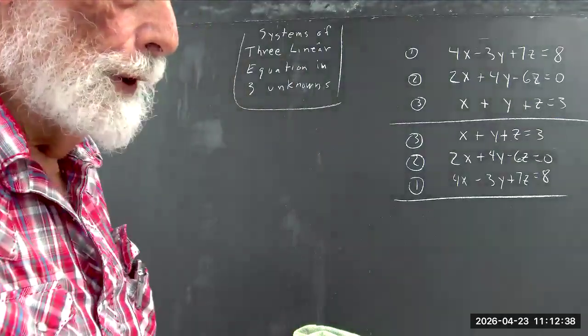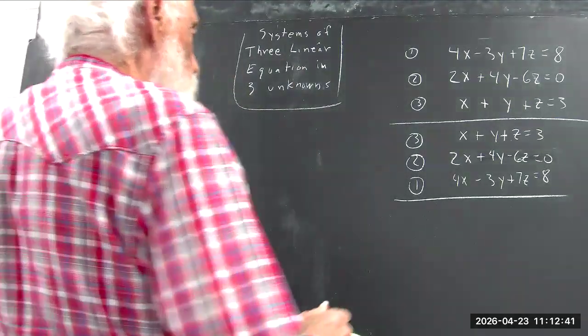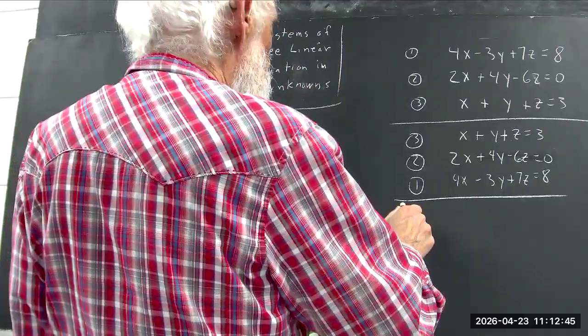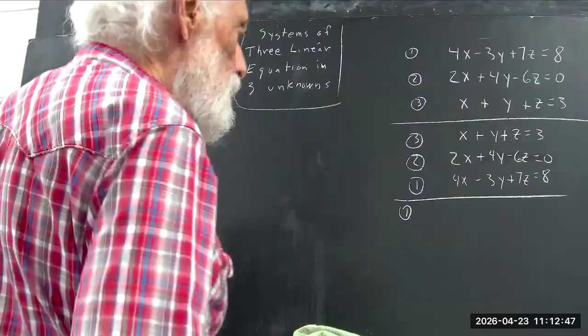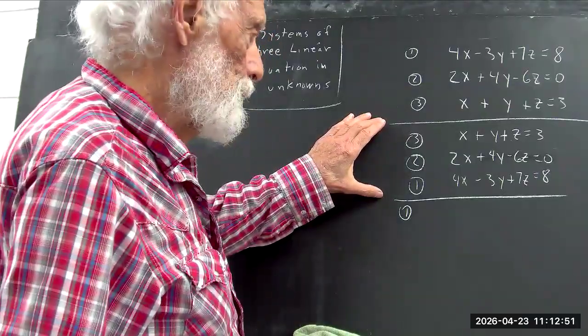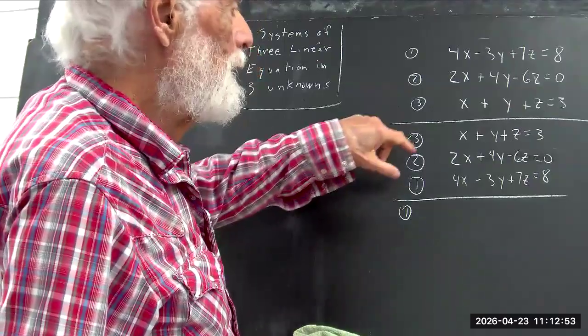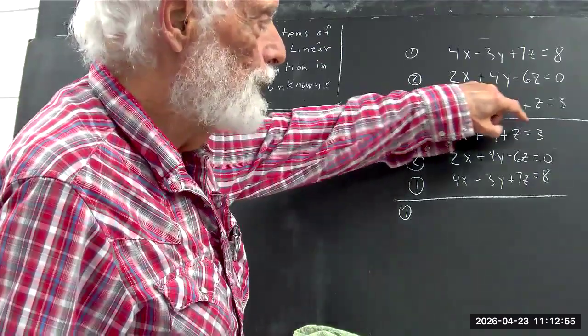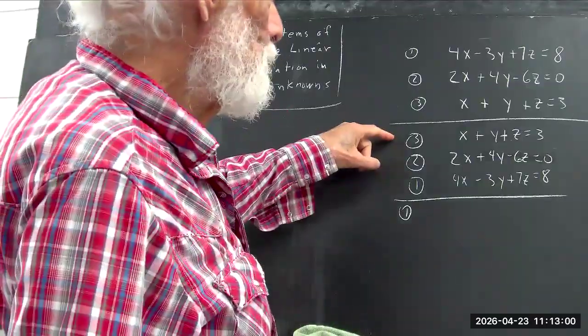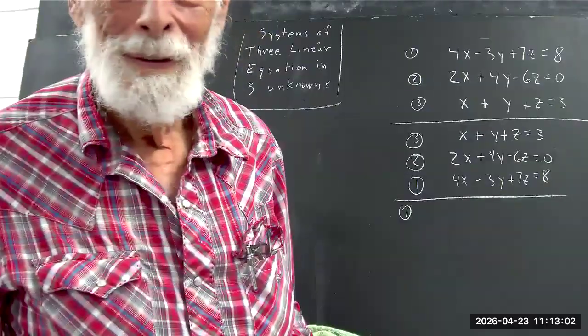Now that I have the equations in this order, I'm going to write down equation 1 from the previous system. In the previous system, we had x plus y plus z equals 3 as the first equation. It had a number circled 3 in front of it.